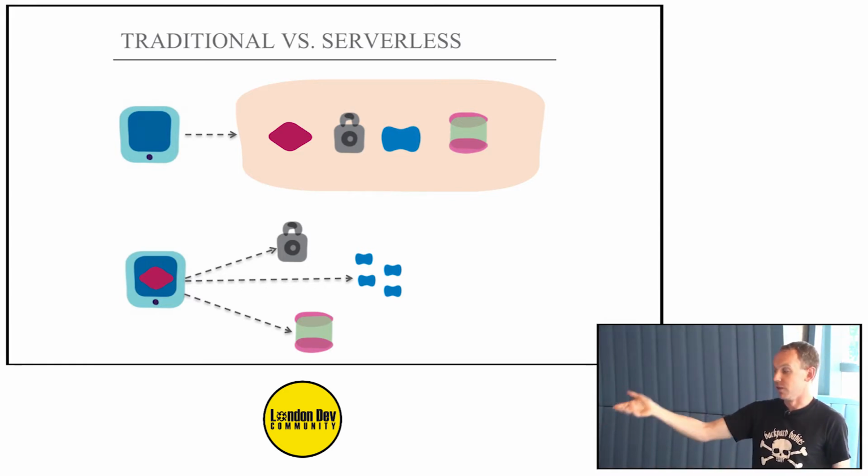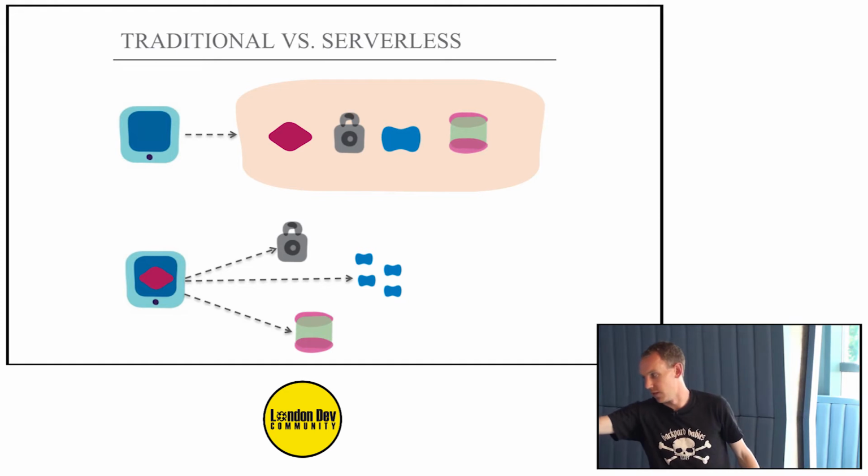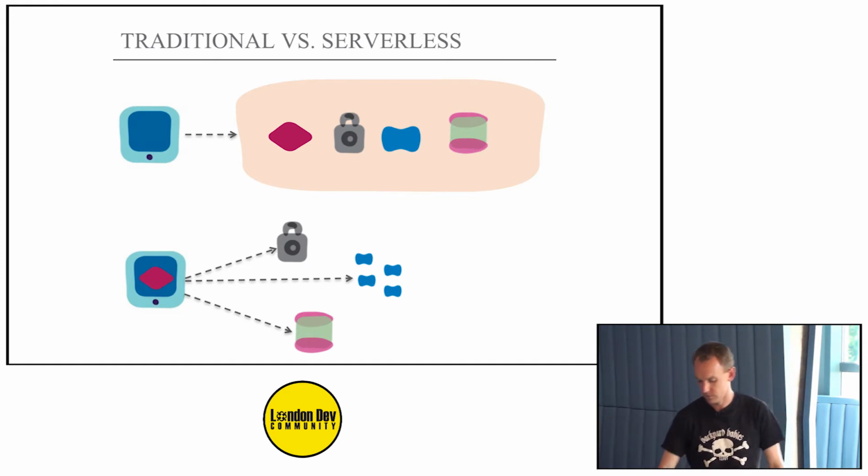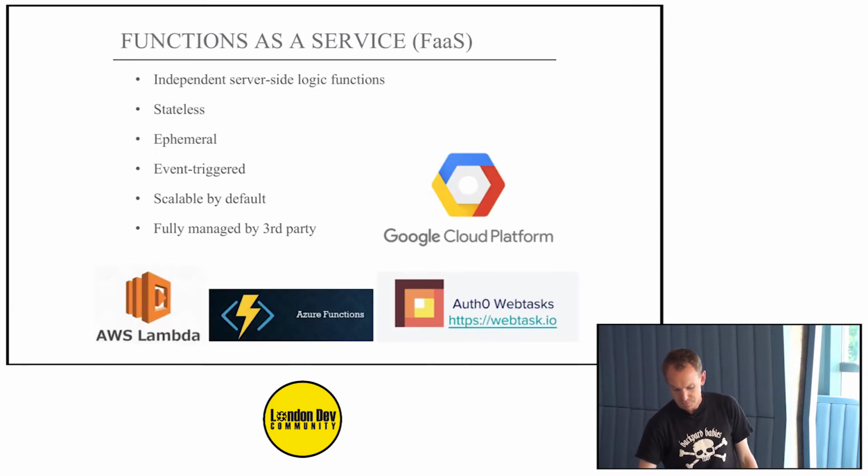And now, moving to a serverless model, you shifted some of that logic up to the client, and you're connecting to other hosted services that you aren't responsible for kind of maintaining. So maybe an auth one, you've split up your logic into these functions as a service, which we'll get into, and you've got a hosted database there. So it's just another way of visualizing it.